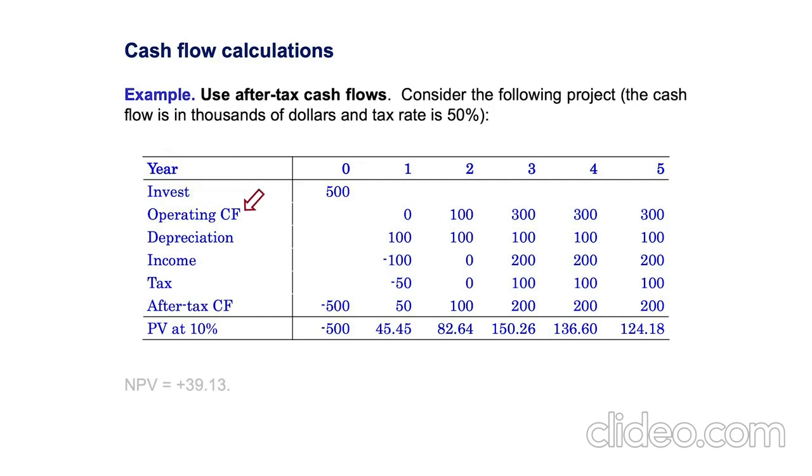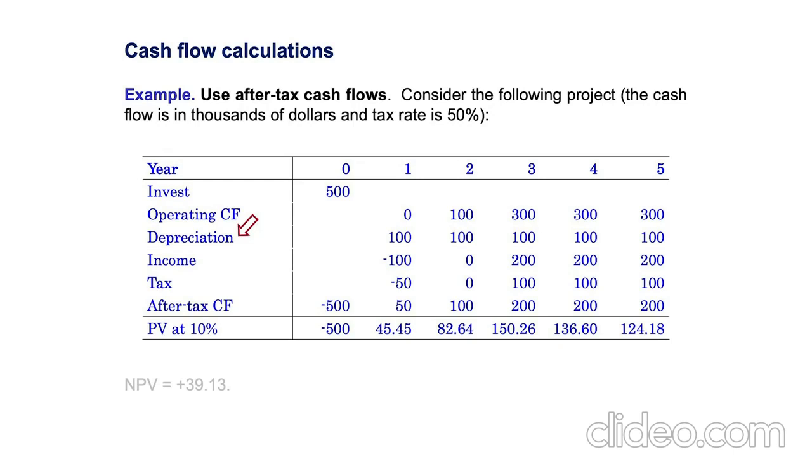The operating profit given in the third row is 0 in year 1, 100 in year 2, 300 in year 3, etc. That's given in row 3. Let's assume that the initial capital investment of 500 can be depreciated linearly over the 5 years to 0 at the end. This then gives a depreciation of 100 from year 1 to year 5 in the fourth row.